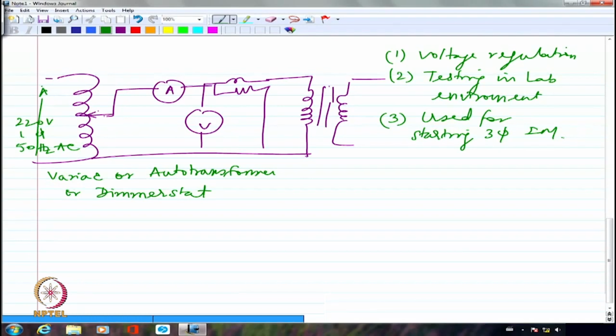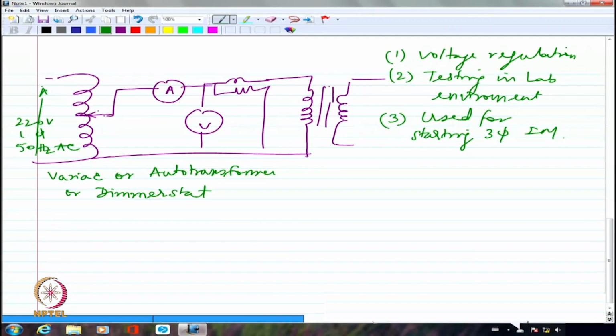I would like you to do a little bit of self-study in this. How much copper will be saved in an auto transformer compared to a two-winding transformer of similar rating? This you guys will study yourself. It is not given in PC Sen, it is given in Edward Hughes.